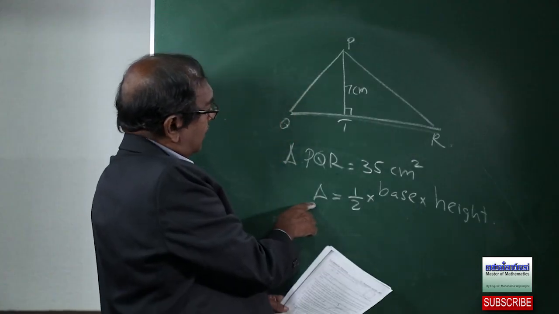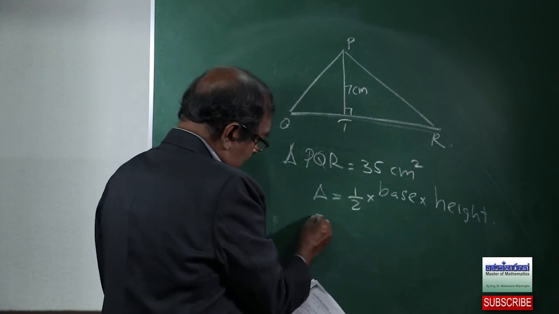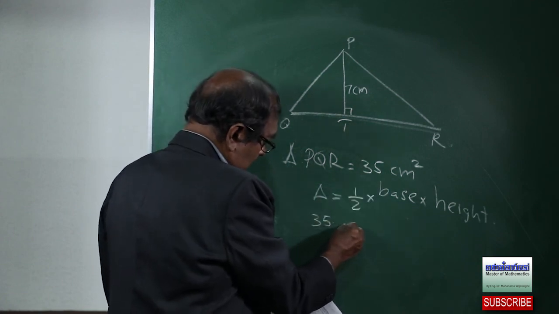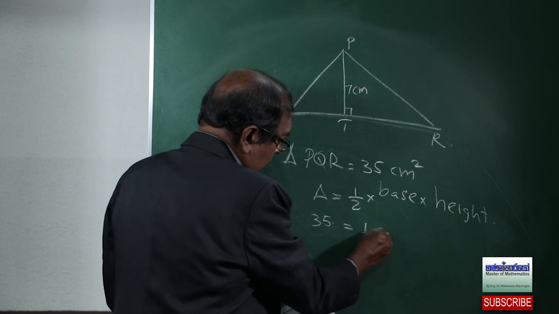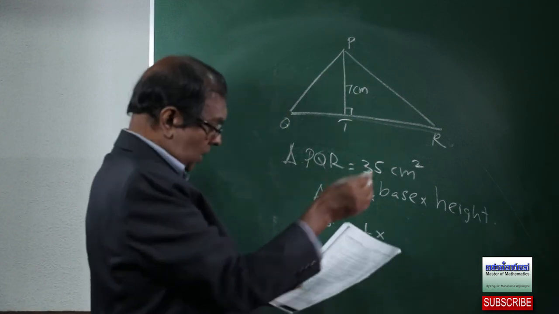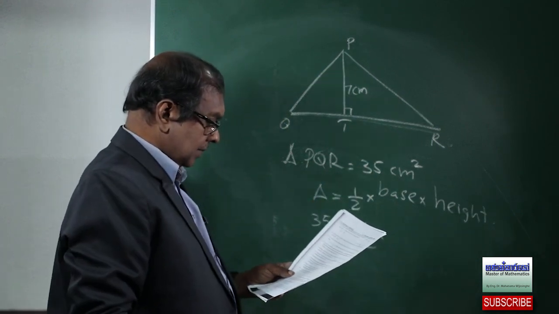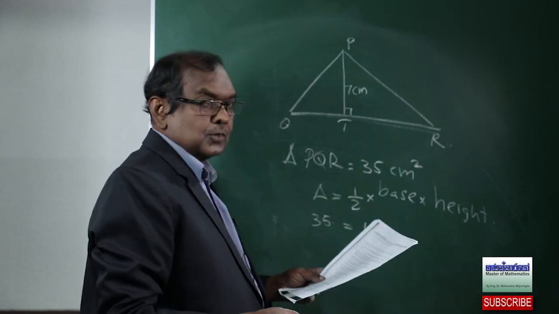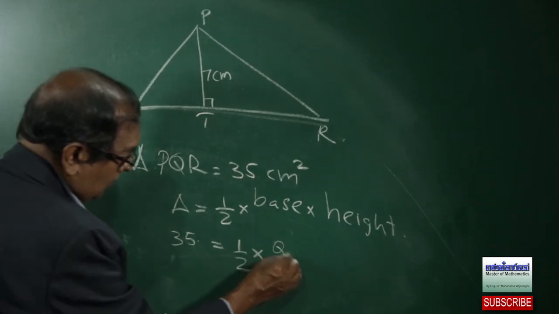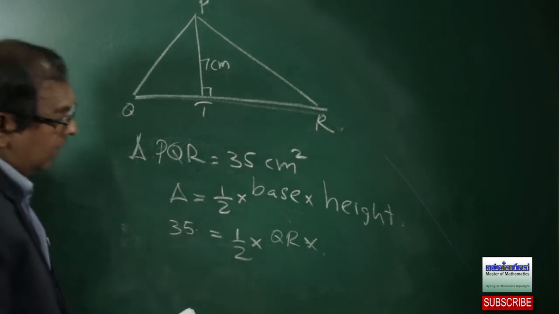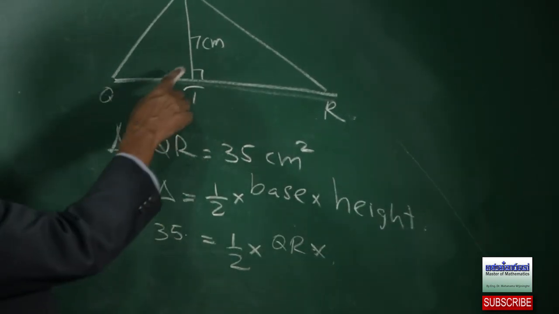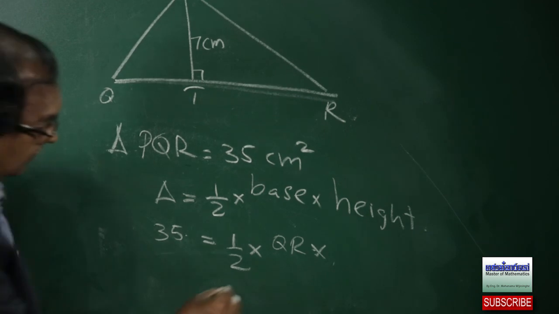The area of the triangle is given, 35 centimeter square. Half into base QR. This is the length we have to find out, QR. And the height, what is the height? 7 centimeters.